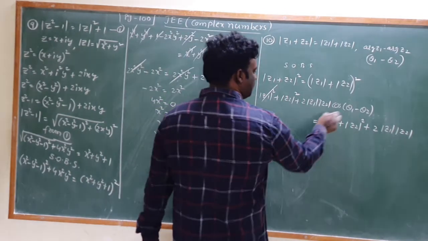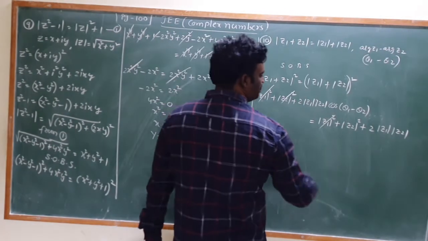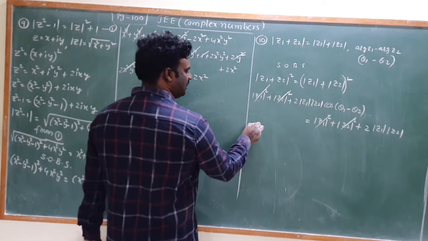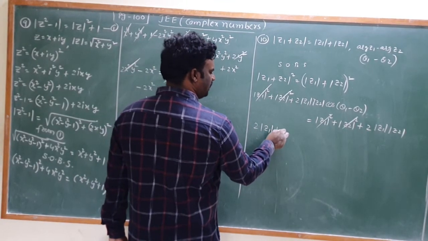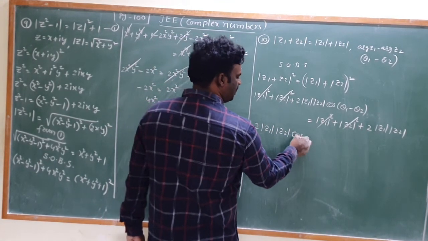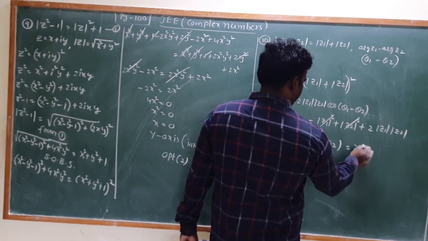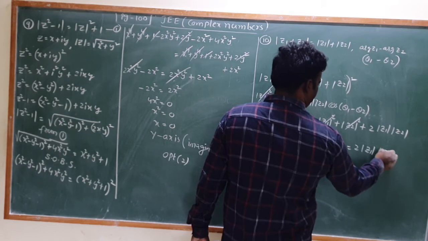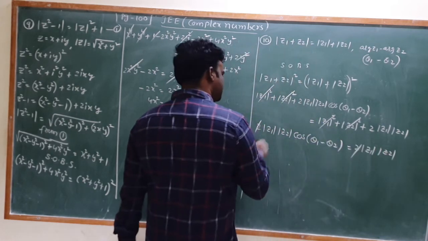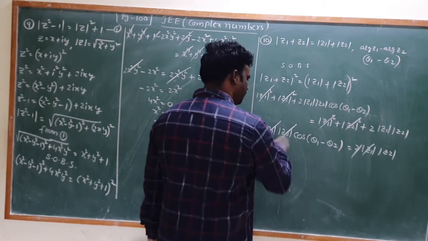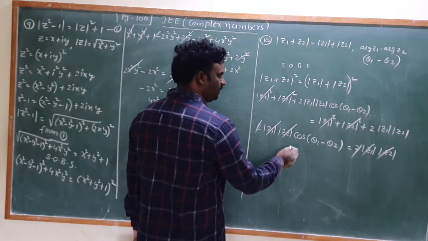So mod z1 square cancels, mod z2 square cancels. Then what is remaining? 2 into mod z1 mod z2 cos of theta 1 minus theta 2 equals 2 into mod z1 mod z2. The 2 cancels, mod z1 cancels, mod z2 cancels. Then what we got?